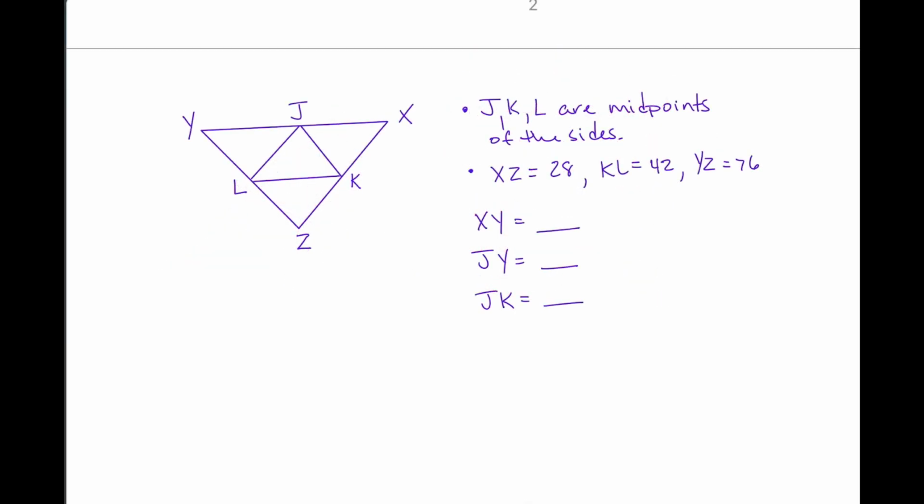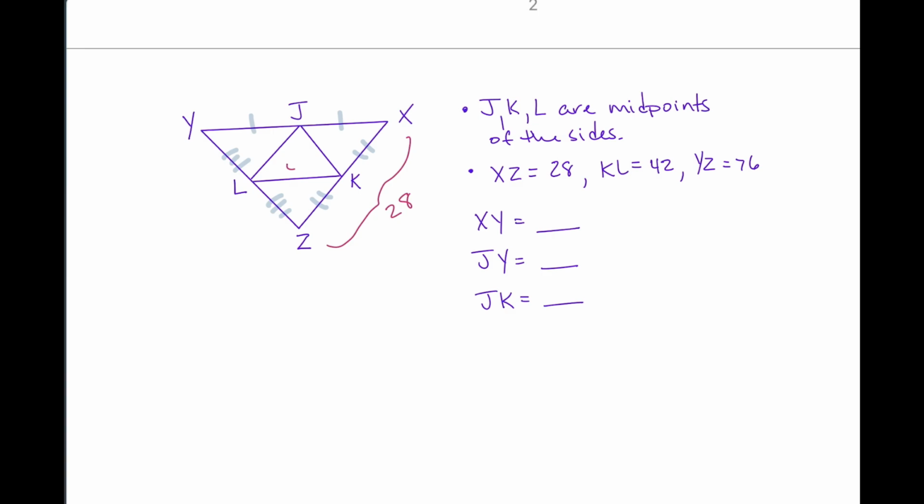Here we have a triangle and it says J, K, and L are midpoints of the sides. So let's mark that these are split equally. It says XZ, this whole thing, is 28. KL, which is this one, is 40.